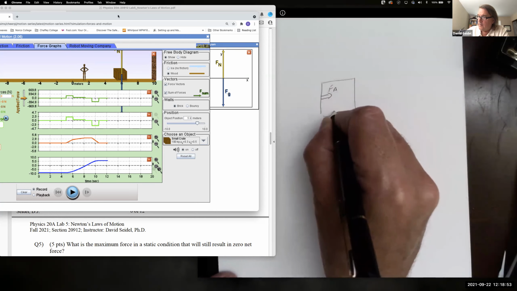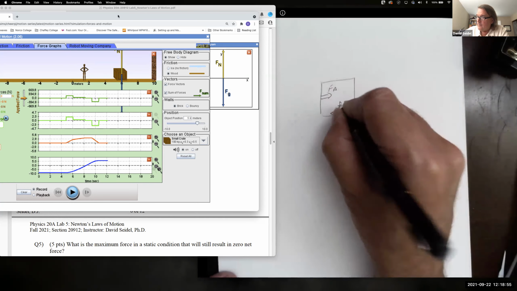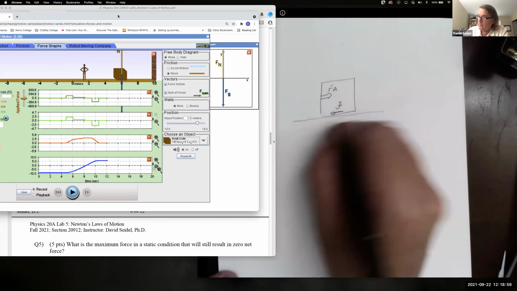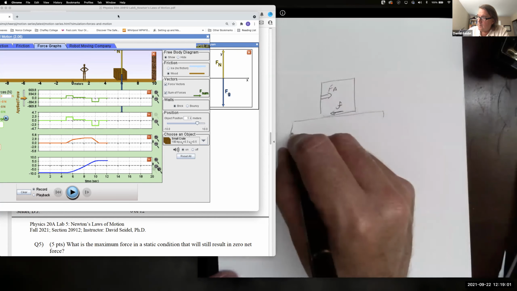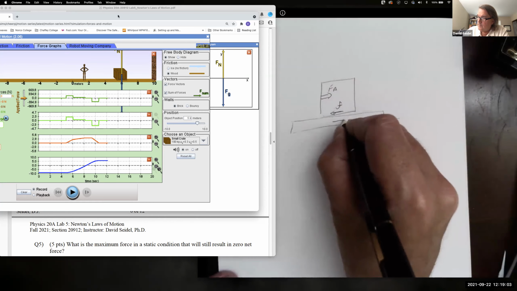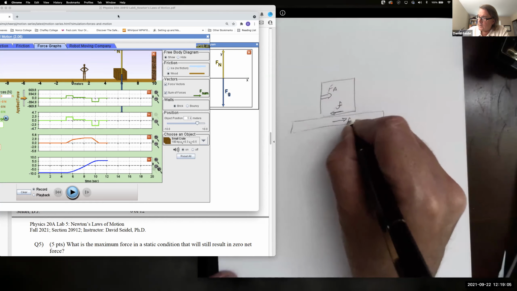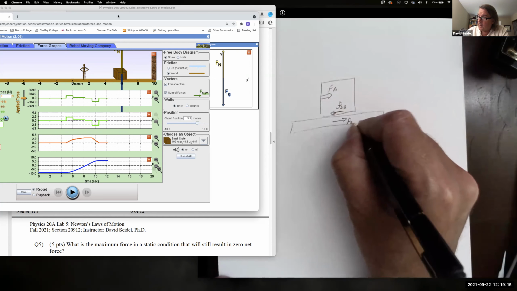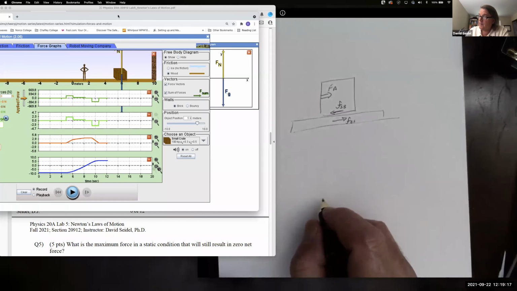Here is friction on the table. This is the sidewalk on the block. This is the block on the sidewalk.